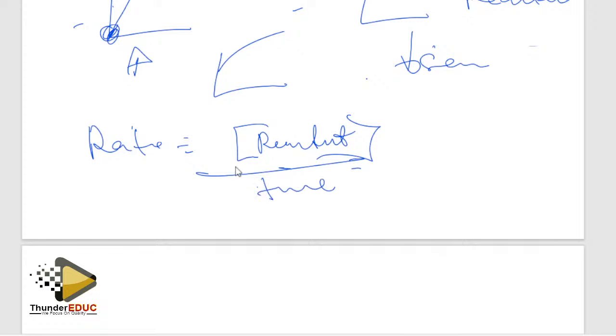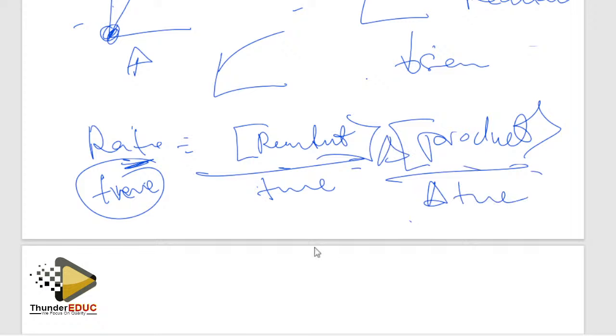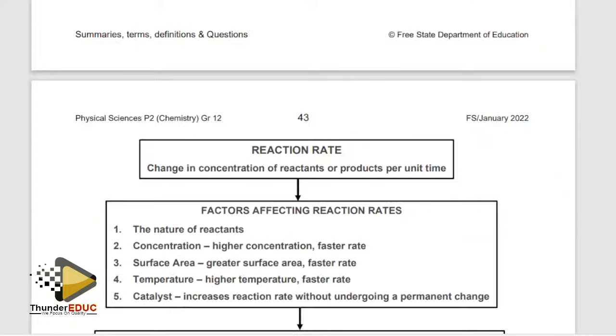Don't say rate of reaction is the rate at which reactants disappear per unit time. Then you are repeating, because the moment you say rate, it means time. So it is how fast the reactants are disappearing, or how fast the products are forming per unit time. So it can be the concentration of product per unit change in time. So the change in the product over the change in time gives you what is called the rate. You must always know that.